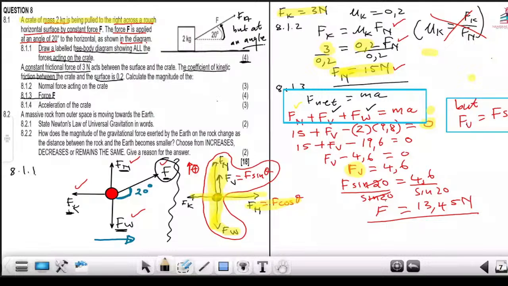are they causing this particular object to accelerate? No, because this object is not moving up. It's actually moving horizontal. So what is the meaning of that? The meaning of that is actually FH is the one causing this particular object to accelerate in the direction of the net force.